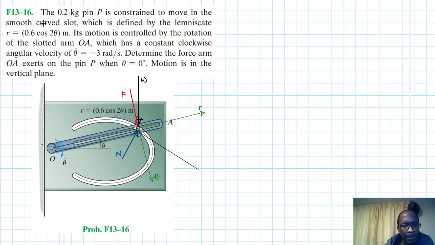So let's extend this line from this point, like so, and then extend this line also down there, from this point up to there. Great, so we do have this angle here.